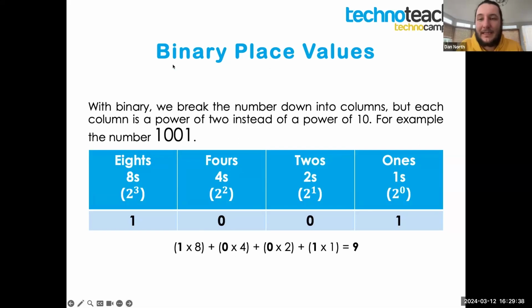Okay, and it is important when we're using binary and other systems that we do not refer to this number as one thousand and one. We should not refer to it that way because it is not 1,001. The word 1,000 is unique to our decimal system.